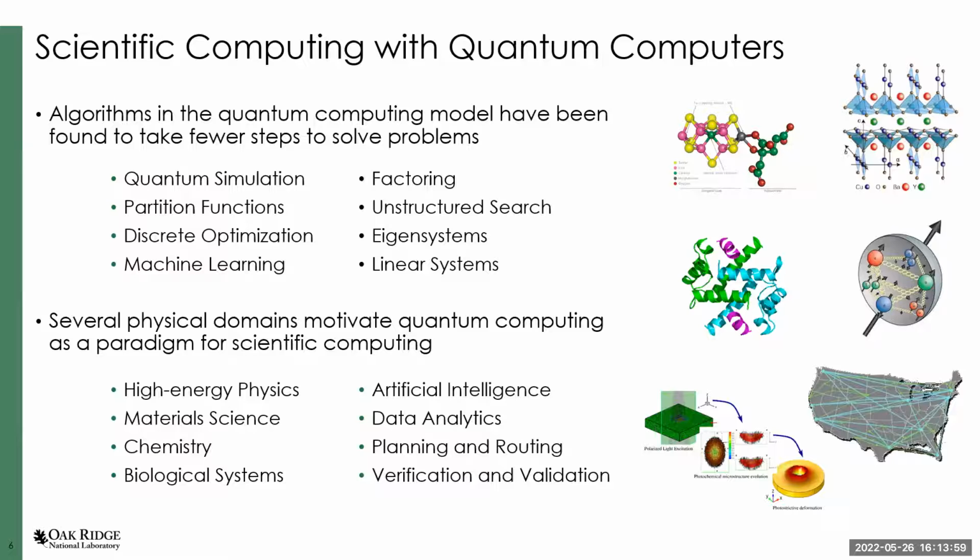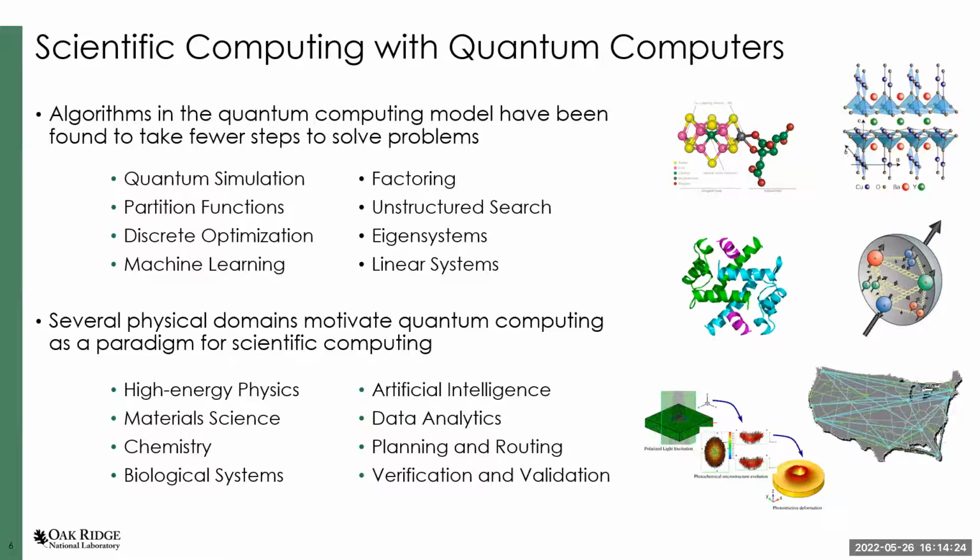What is interesting about these particular algorithms is that they can map into many of the same scientific domains that we were talking about in the earlier slide that drive allocations on our supercomputing systems. So high energy physics, material science, chemistry, biology, all of these are well-worn areas in which massively parallel accelerated systems have been applied for modeling and simulation.